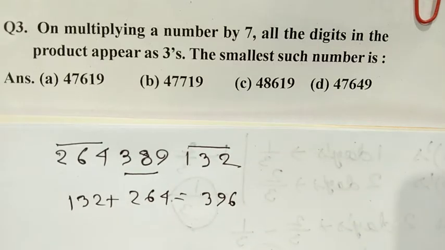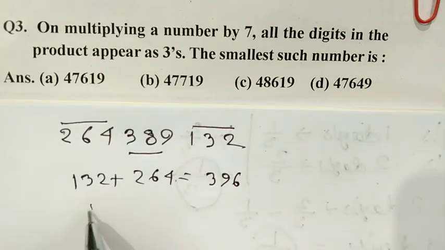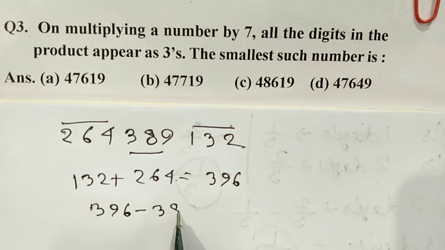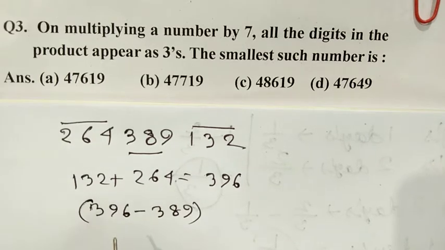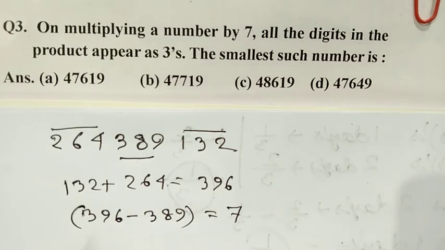Then the difference between 396 and the even places number 389 is 396 minus 389 equal to 7. If the answer is either 0 or a multiple of 7, then the whole number will be completely divisible by 7.